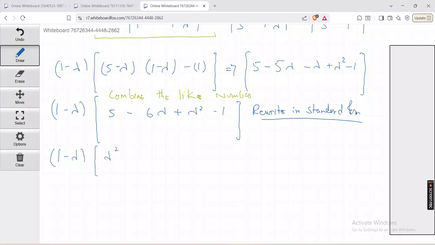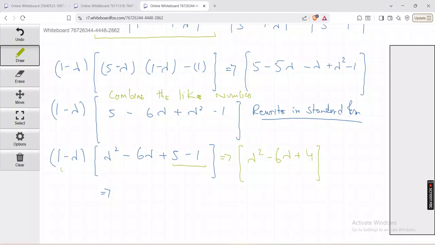In standard form it becomes lambda square minus 6 lambda plus 5 minus 1. We can simplify it more: lambda square minus 6 lambda plus 4, because 5 minus 1 becomes 4.